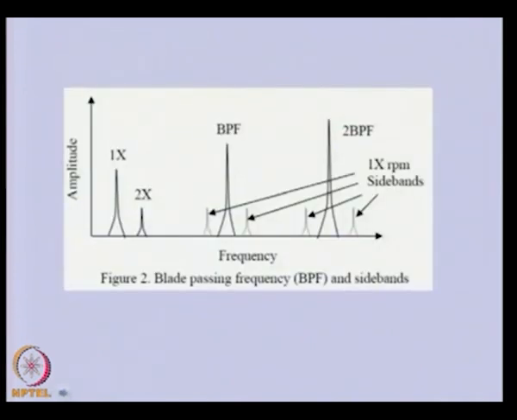You can see that this is the BPF and there are sidebands corresponding to 1x RPM of the rotor speed. This is the second BPF, a higher harmonic of that, and we have sidebands of that, and these are due to the unbalance, 1x and 2x corresponding to the rotor speed.